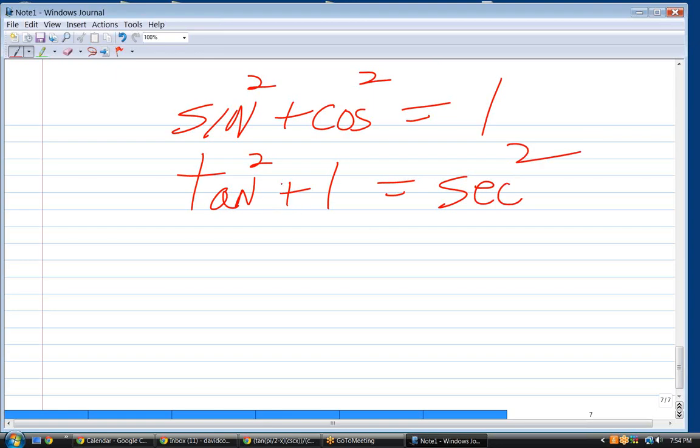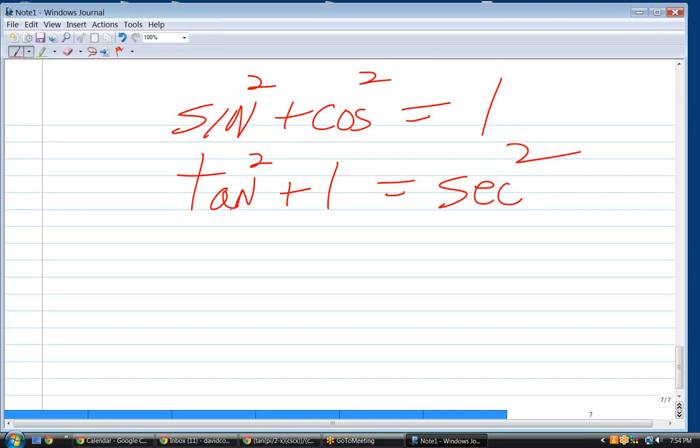In other words, we used the second one on the last problem, because the last problem gave us secant squared minus tangent squared.